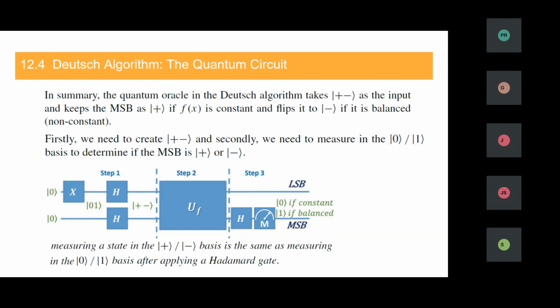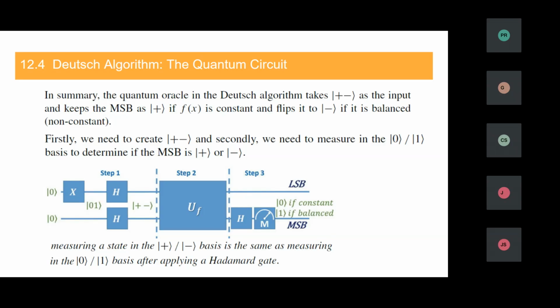Whereas if for some given set of inputs, half of the time I get the output as 0 and half of the time I get the output as 1, then I say the black box, the oracle, is balanced. My Deutsch algorithm does not give you any output for some input, but it only tells you specifically if the particular function f of x is a balanced function or a constant function.